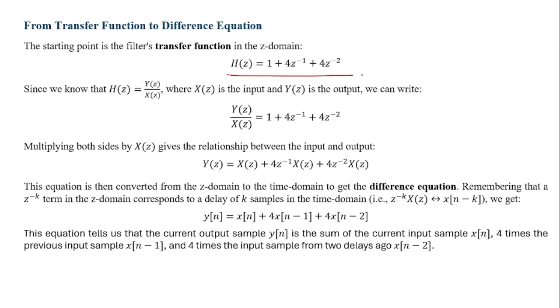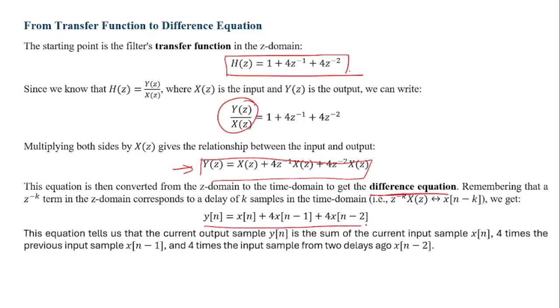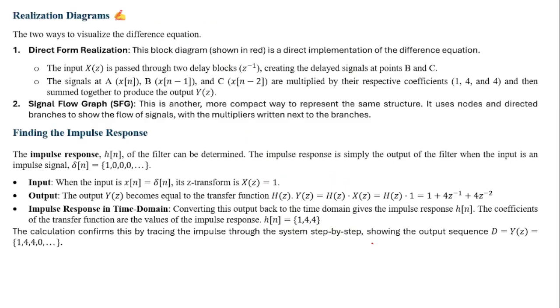We have this X(z) and this transfer function. Then we can break it down into Y(z) and X(z), and from there we can simplify the equation and find out the difference equation. So this is the difference equation, and from there we can go for the realization.